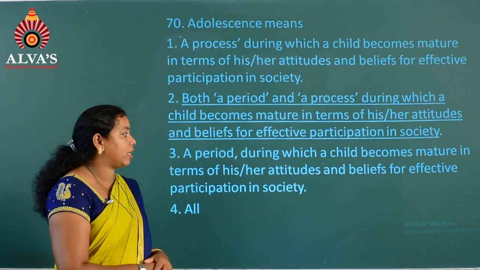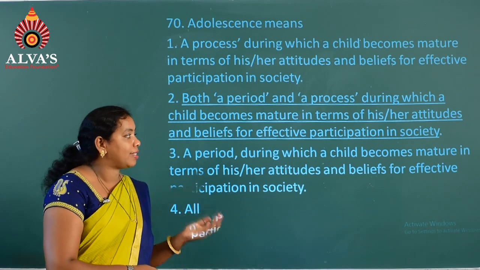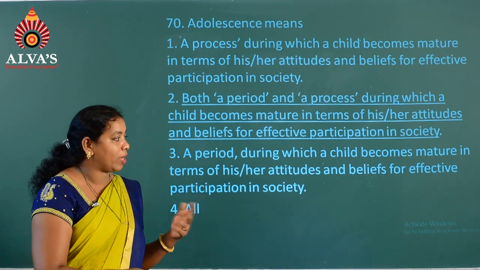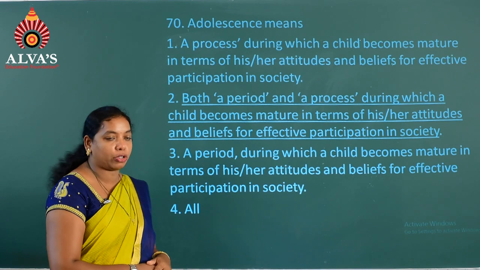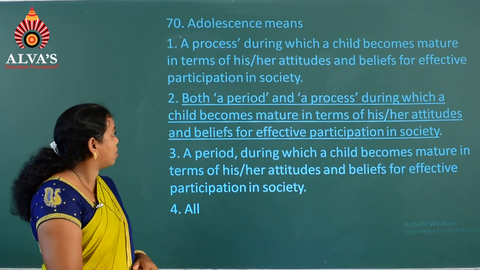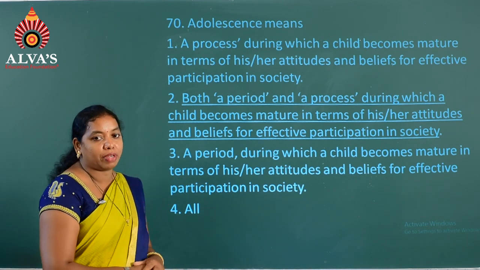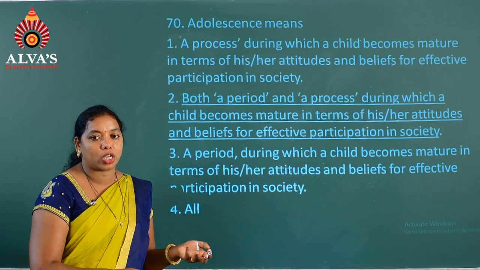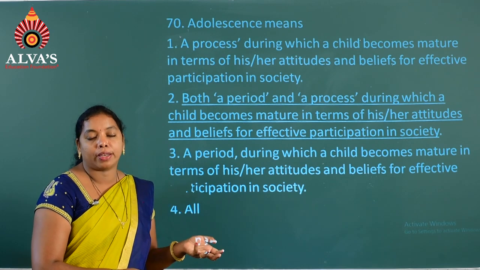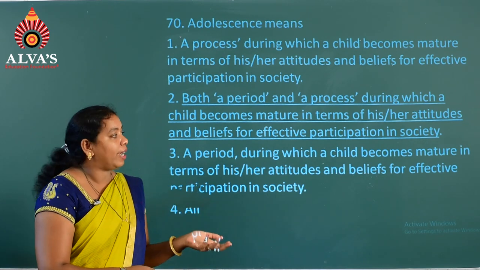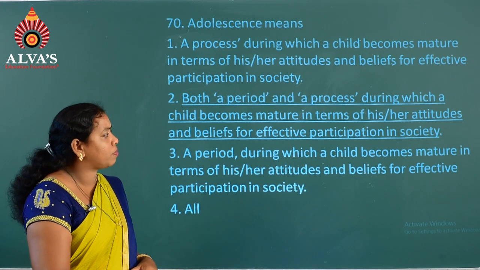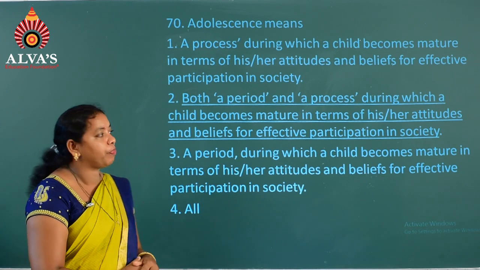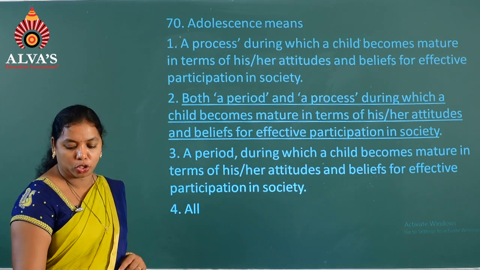The third one, a period during which a child becomes mature in terms of his or her attitude and beliefs for effective participation in society. And the fourth one is all. But the exact definition for adolescence is a period and process in which the child attains maturity in terms of attitude or belief for effective participation in society. So the correct answer is the second option.